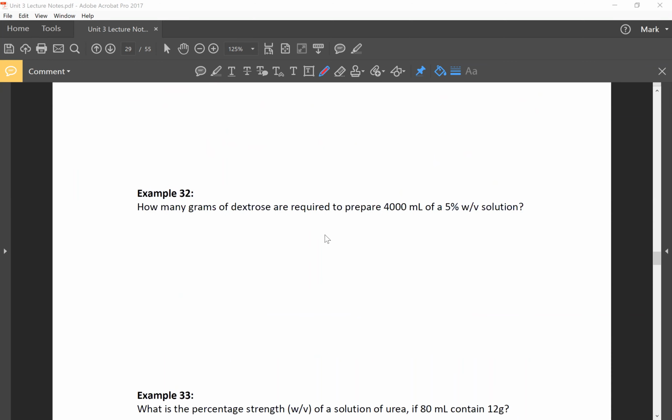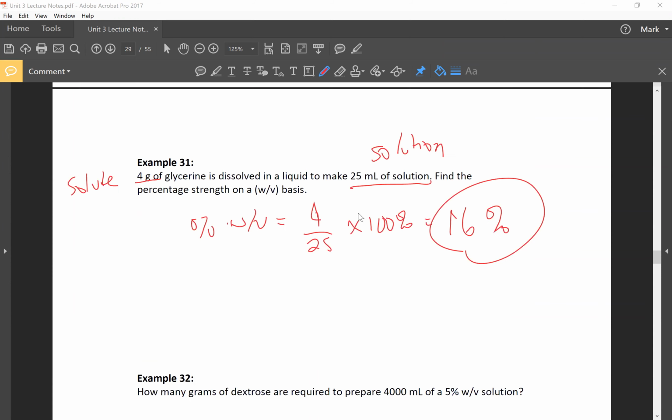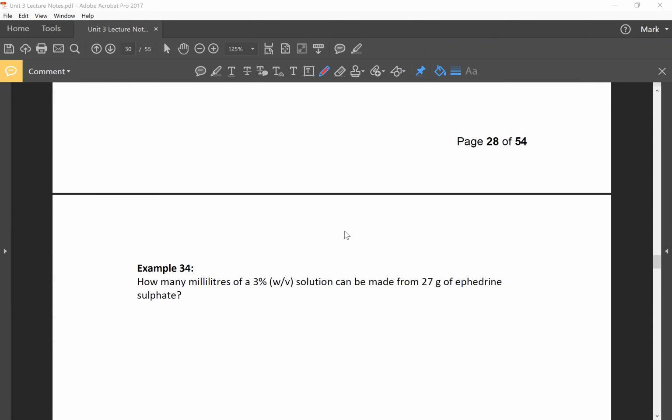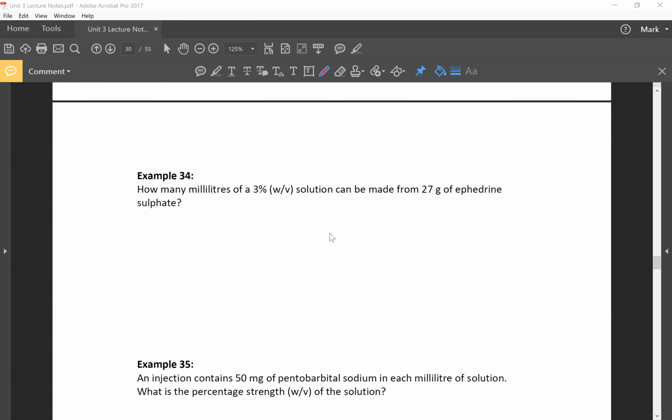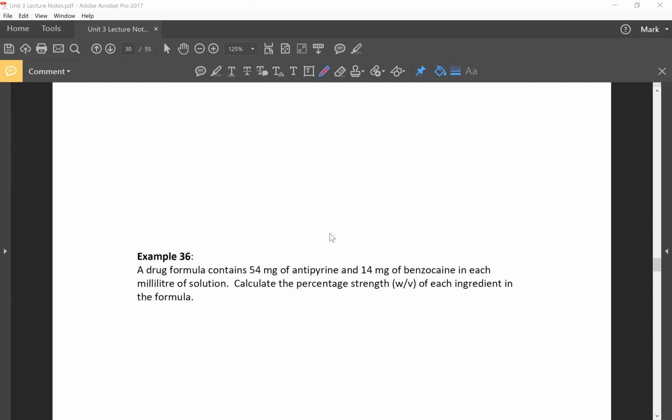Okay, let's look at a harder one, something a little different. Now, again, you guys know we don't do every example in this book, the workbook. There's a million of them. So let's look at something else. Okay, this one has milligrams.